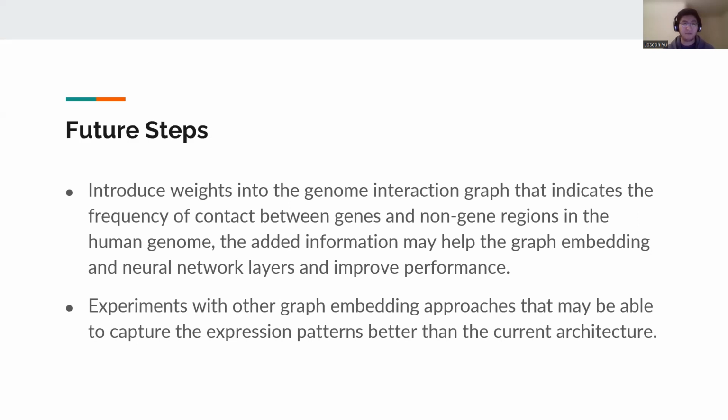From the GeneHancer dataset, there's also a strength value, which we may include as edge weights in the future, since our current model uses unweighted edges, which assumes equal weights of 1 between any two vertices with an edge, and if there's no edge between them, then it's 0. So these are some of the steps that we could attempt to further improve the model.